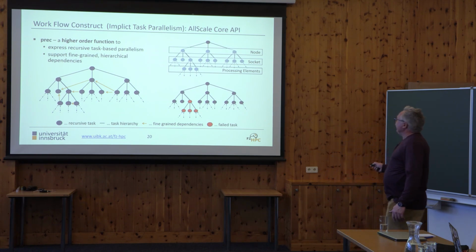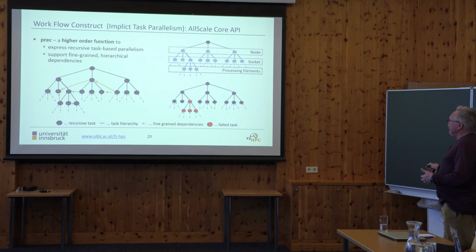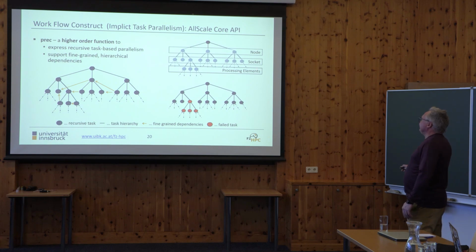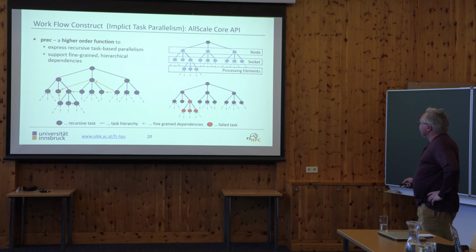The other thing I already mentioned is that for the mapping phase, we found this recursive task structure convenient, because at a higher level there was a mapping to a node, at a lower level to a socket, and then processing elements, GPUs, and so forth. We thought this nicely fit these heterogeneous architectures.